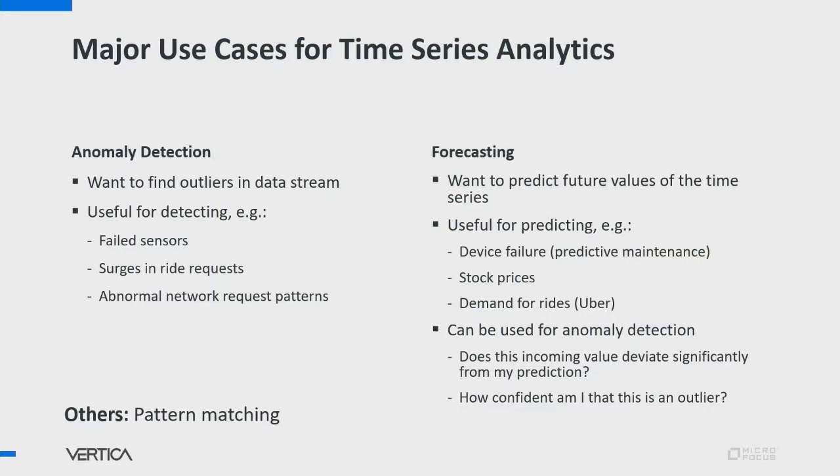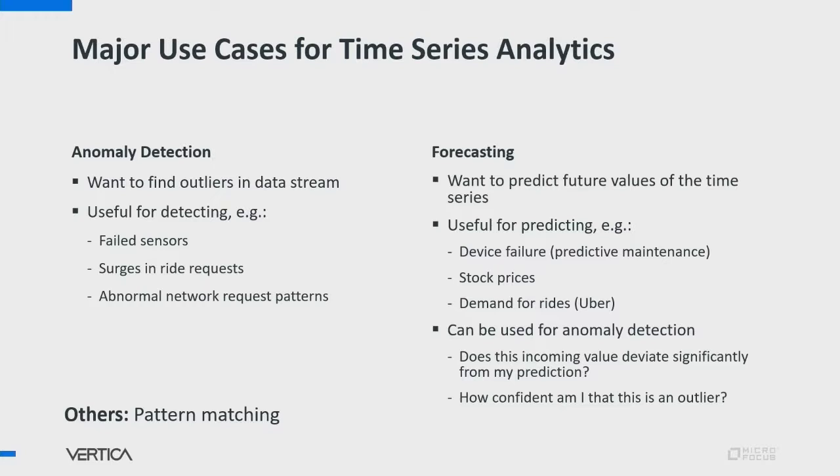So moving on, within time series, there are a lot of use cases, but we have clubbed them into three major categories. The first one is anomaly detection. If you want to find outliers in a data stream, which is pretty useful in a lot of applications, like failed sensors, surges in write requests, abnormal network request patterns. And then we have forecasting as the other major domain in time series analytics, where you want to predict future values of the time series.